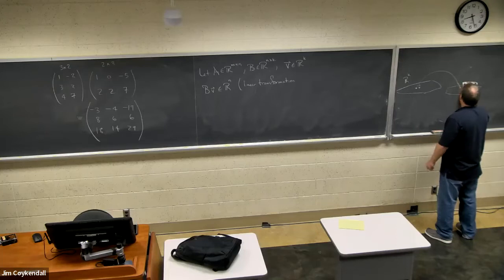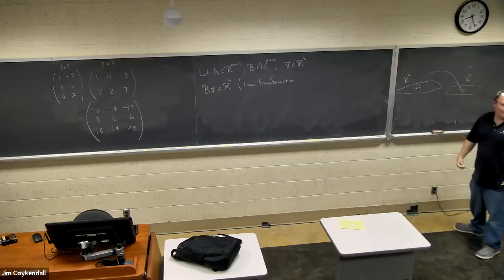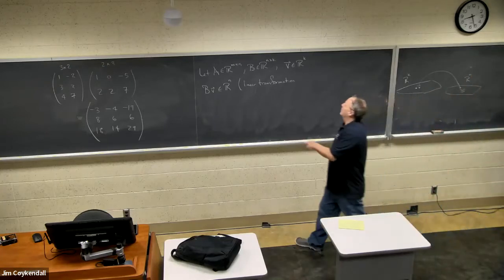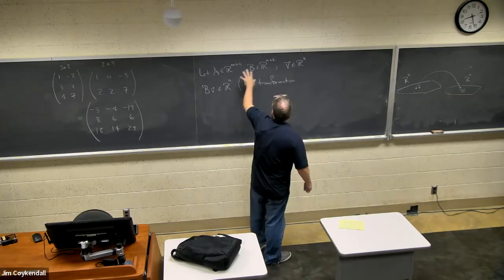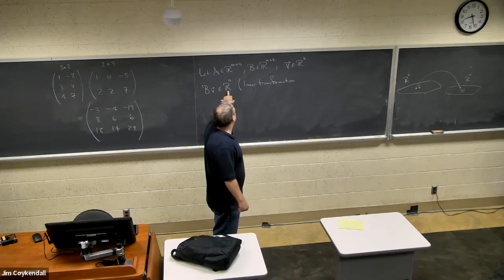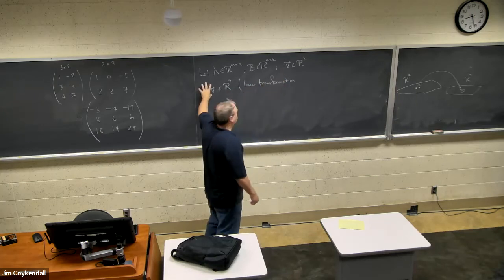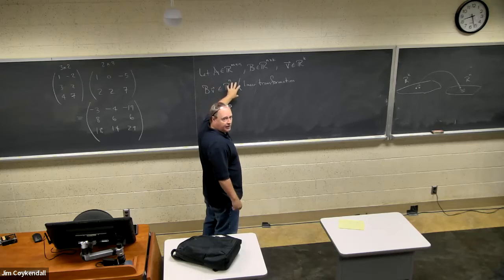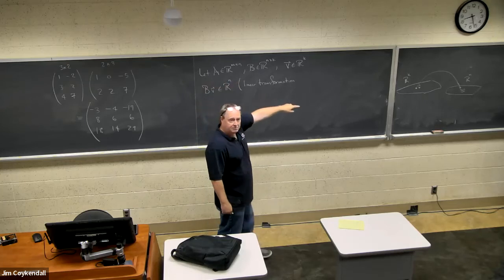And it takes it to Bv, and this is in R^n. Because when you multiply this matrix by this vector, this gives you an element of R^n. This is like that linear transformation stuff we were doing before. Your input is v, and your output is Bv, which lives in R^n.